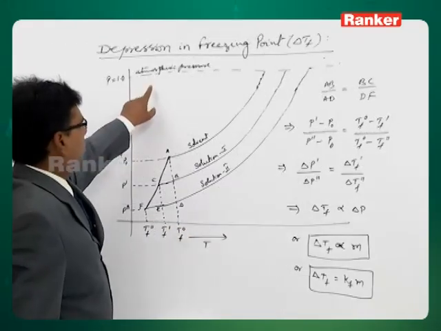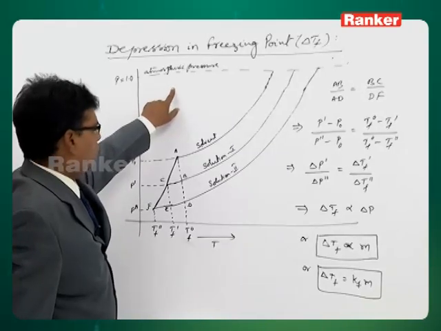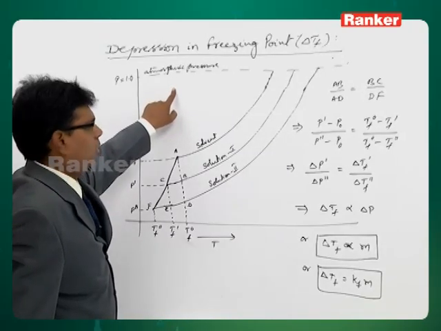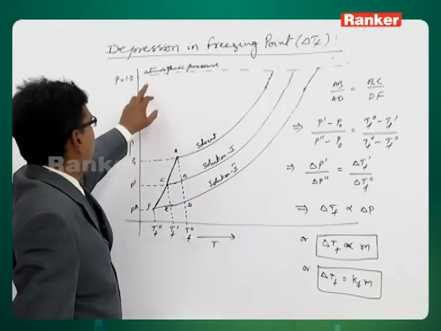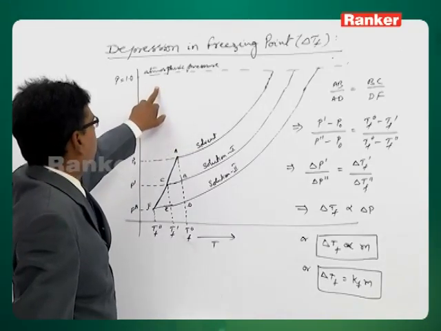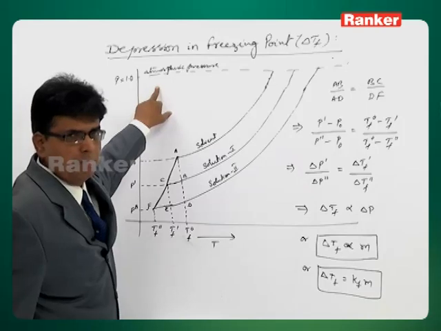The way in which we discussed the elevation in boiling point for a solution compared to that of pure solvent, in the similar fashion, graphically also we can explain the depression in freezing point for a solution compared to that of pure solvent.